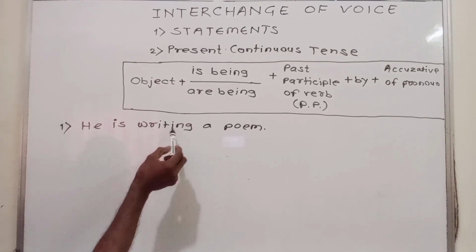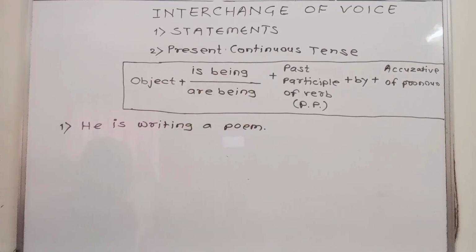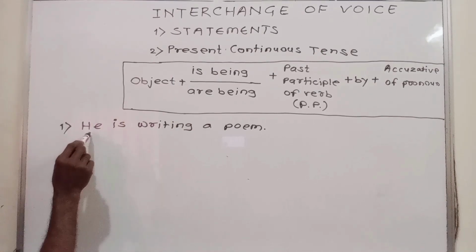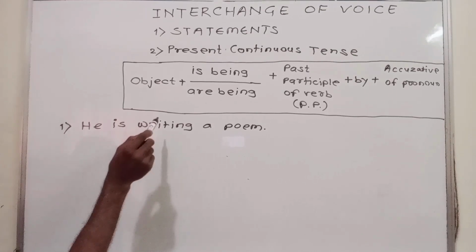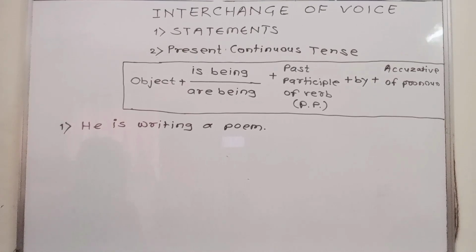This is continuous tense, present continuous tense. Now here he is the subject, is the auxiliary, writing the main verb, and a poem is the object.